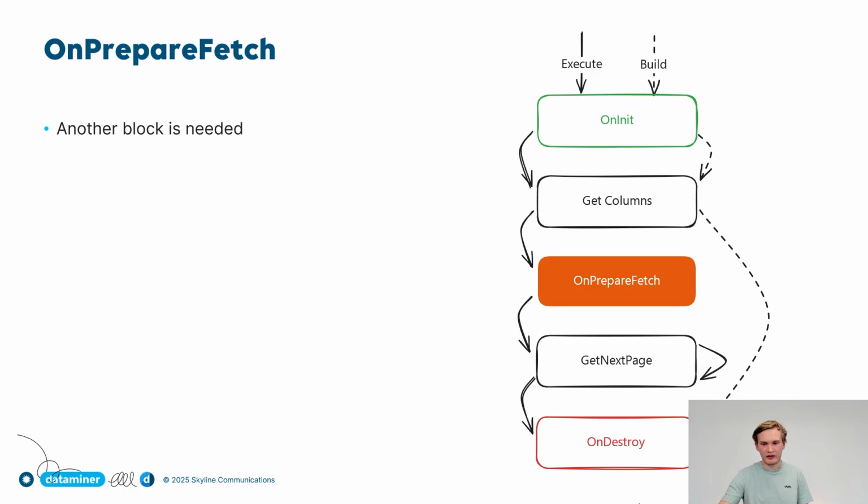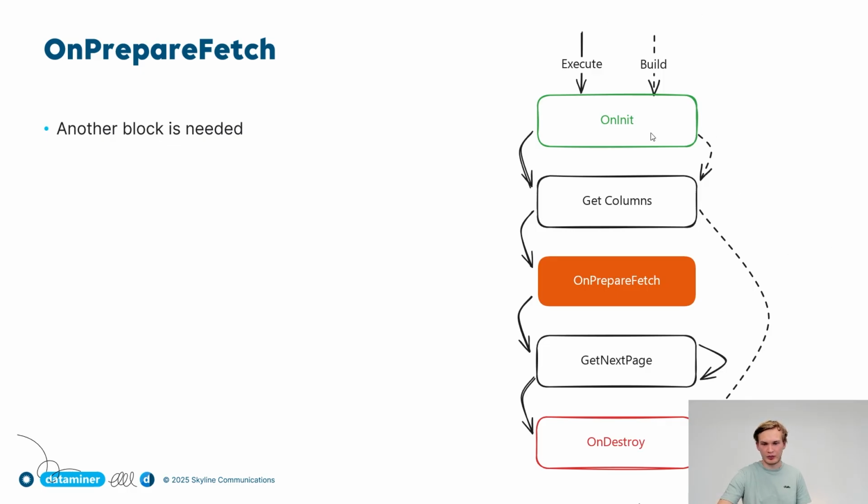But we also have, for example, the build path. The build path is what happens when you are creating your query. When you add the data source and you want to do subsequent things on it, you need to know what the columns are, you need to know some basic information from that. And onInit is called in both of those cases. So if you would fetch data there, that would be inefficient, and you generally don't want to do this.